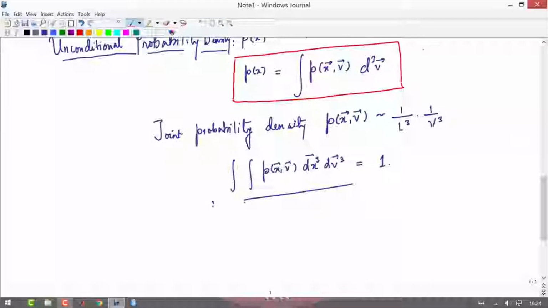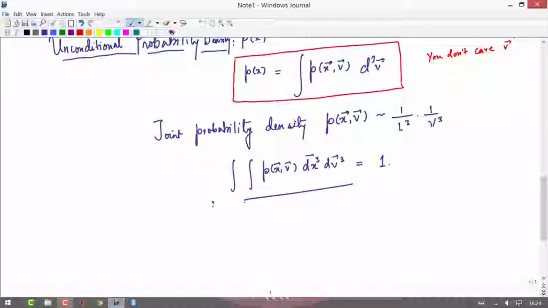Like in this expression, you don't care about the velocities, because that is one subset of your variables. The other subset is positions. You say, I want to know the probability of finding a particle at location x. I don't care what the velocities are.